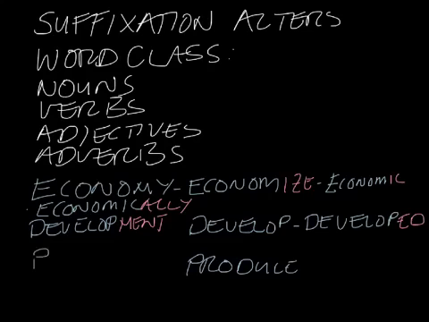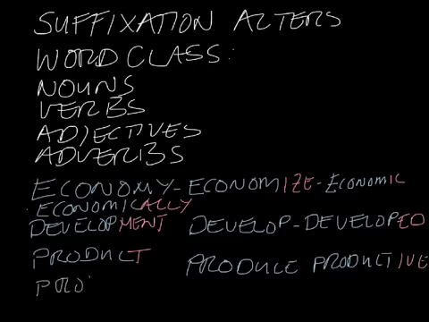Produce: by adding a suffix t, we have a product. By adding a suffix ive, we have an adjective, and the same as the first one, adding ly, we have an adverb.